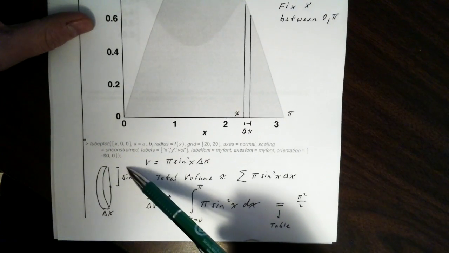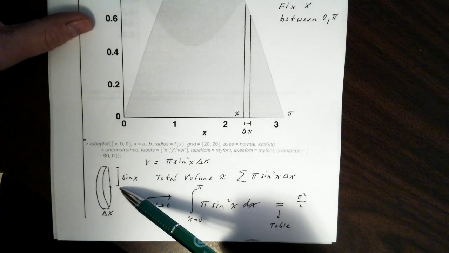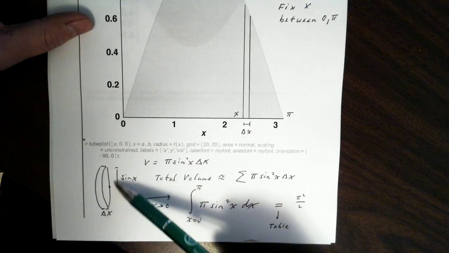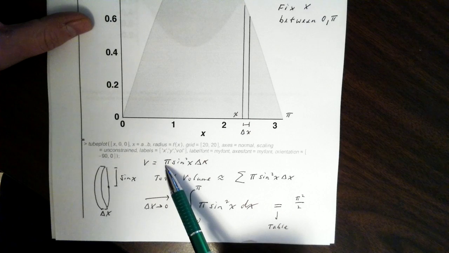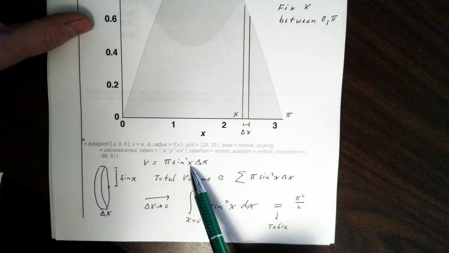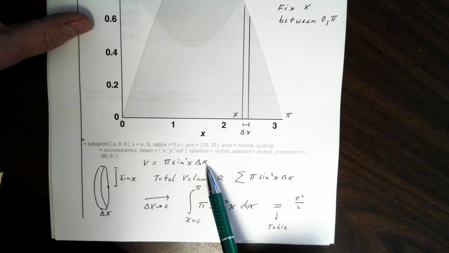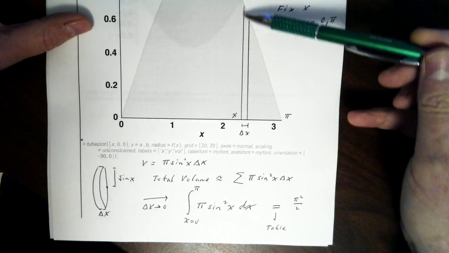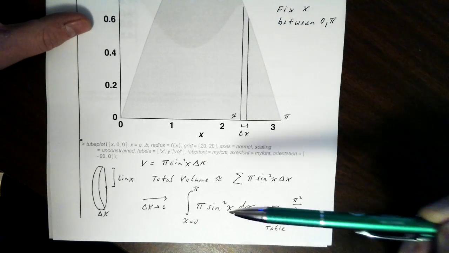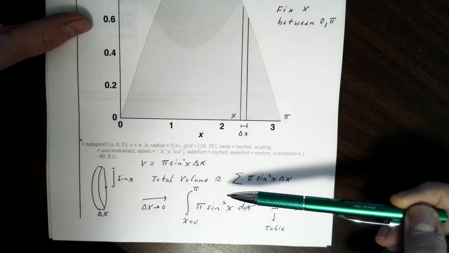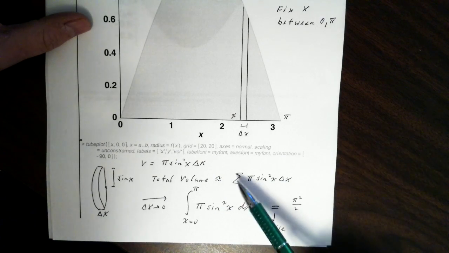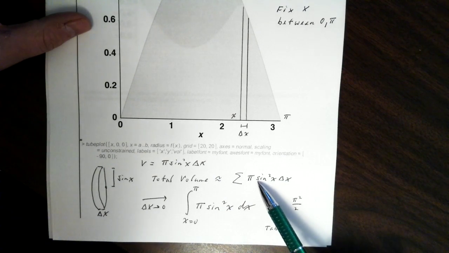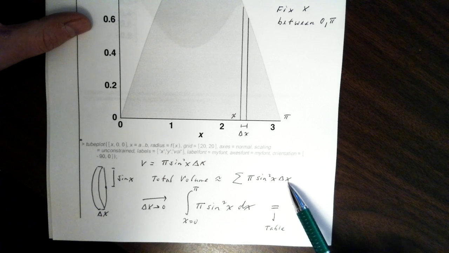So the radius would be the sine of x. The volume of this small cylinder is pi times the radius squared times delta x. That's the volume of one of these little sections rotated around the x-axis. If I add them all together, I get a Riemann sum, pi sine squared of x delta x.